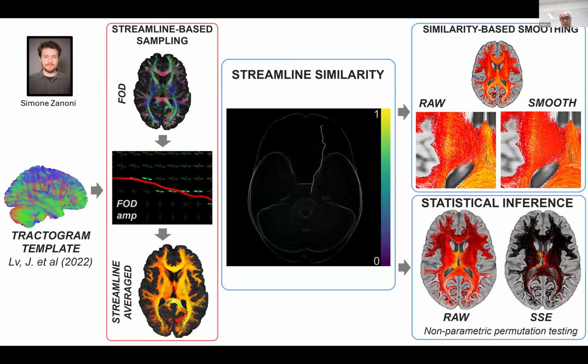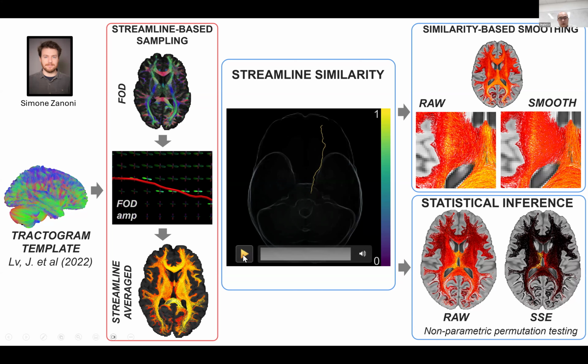To develop the streamline-based analysis, we are working on a few important technology steps. Firstly, we're working on a sampling strategy, which uses the streamline to sample the white matter information or gray matter information. Actually, it can be used to sample any imaging modality based on your interest, based on your hypothesis.